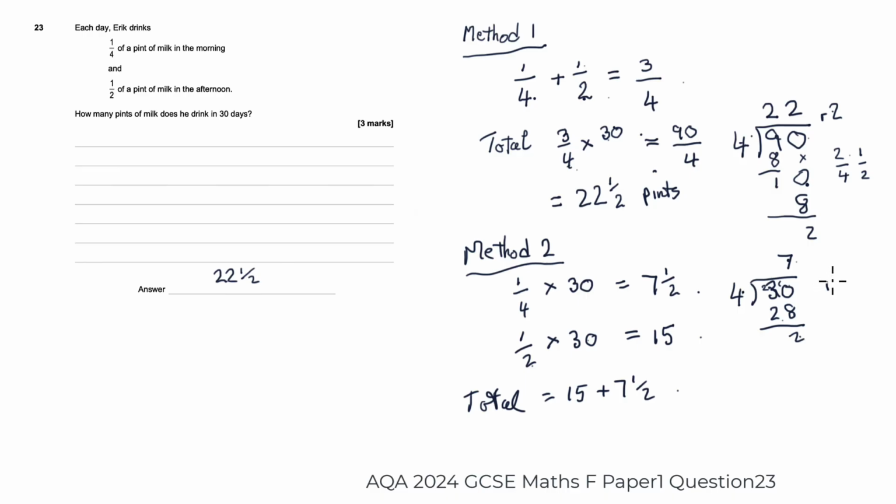Now if we take 15 and add 7, 5 plus 7 is 12. 1 and 1 is 2. That gives us 22, and we've still to add that 1/2 on. So we get the same as before, 22.5 pints.